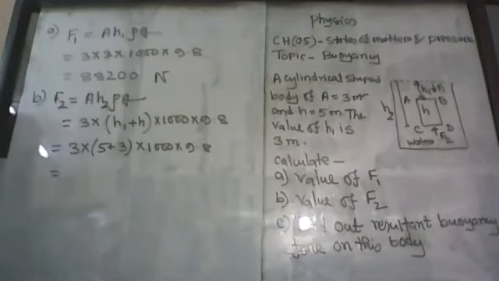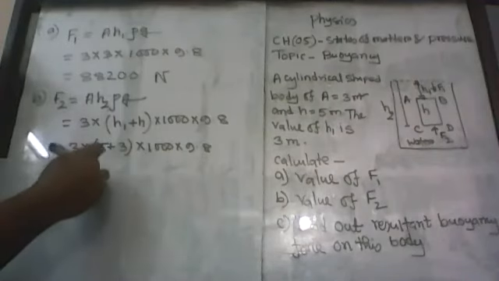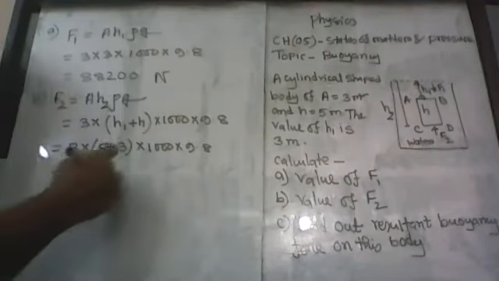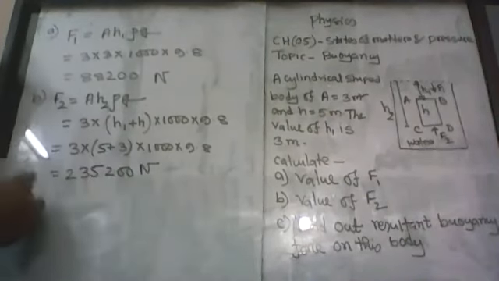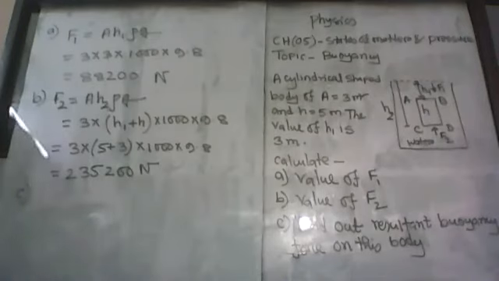So it's nothing but 3 into 8 into 1000 into 9.8. So it is 2,35,200 Newton.